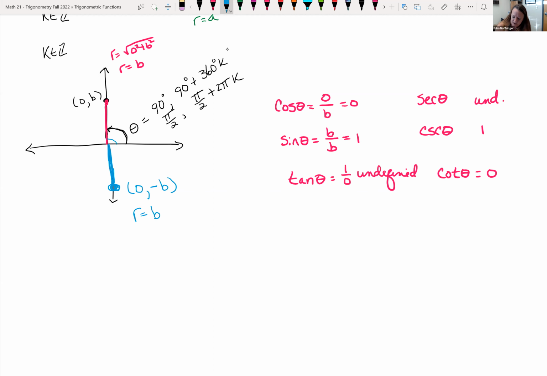Our theta value, if we loop around to the negative y-axis, is 270 degrees, or 270 degrees plus 360k. Or if we were thinking of radians, that was 3 pi halves, or 3 pi halves plus 2 pi k.